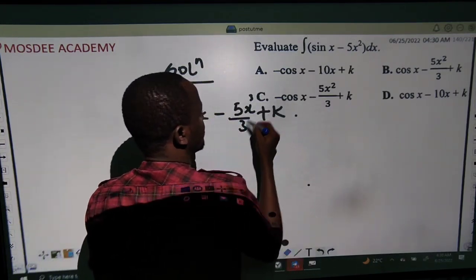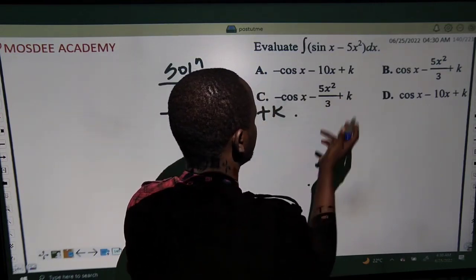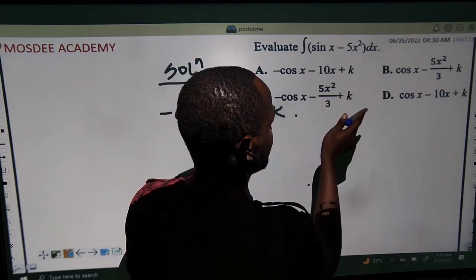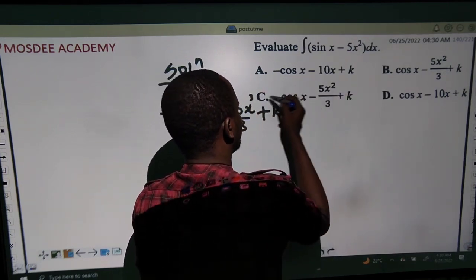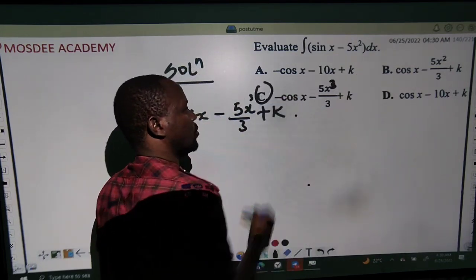So that's what you are going to look for. I think none of these options is correct, but it should be 3 here and minus cos there. So just note that none of the options is correct. You can correct this one. I know you know how to solve this type of question.